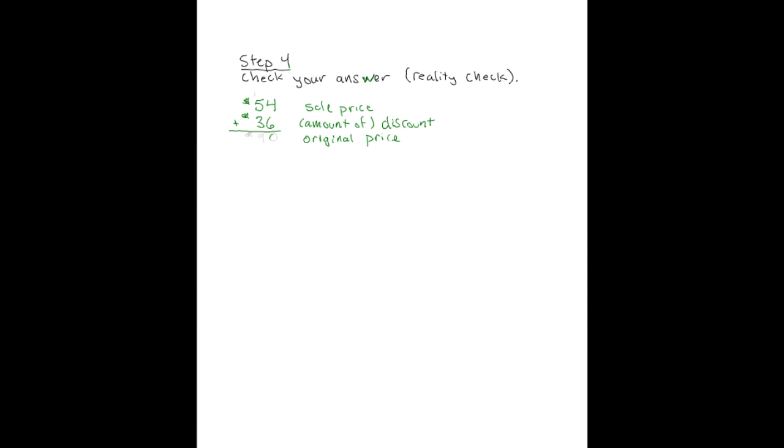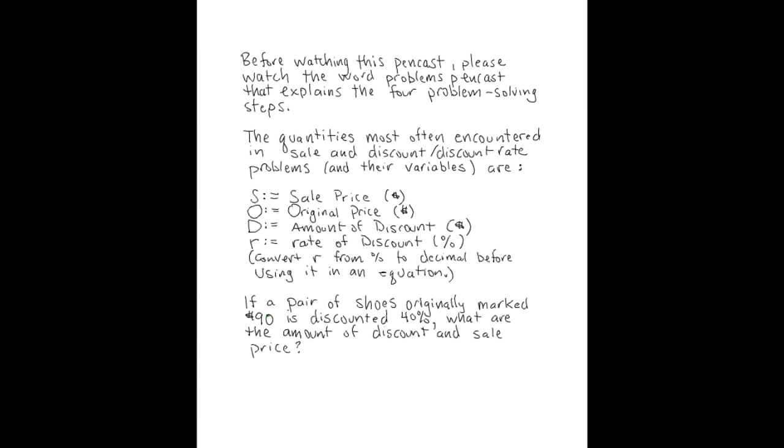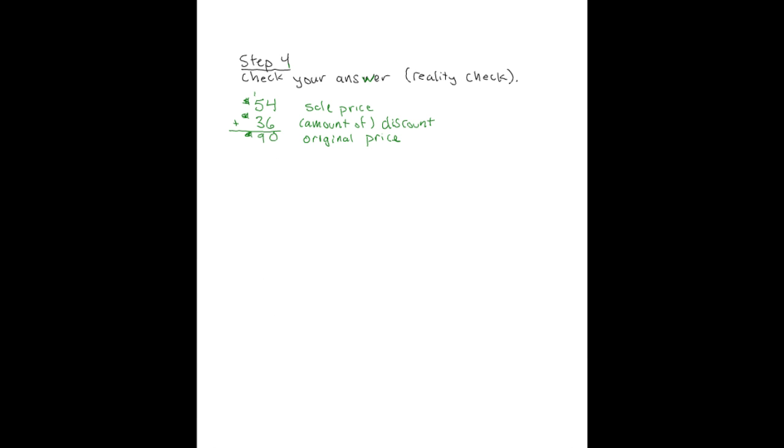Alright, 4 plus 6 is 10, write the 0, carry the 1, and 5, 3, and 1 makes 9, giving us a total of $90 as the original price. And if we look back, we find that indeed $90 was the original price for this problem. So, we've completed this, and we know that we have a correct answer because we've checked it. Okay, let's move on to another problem.